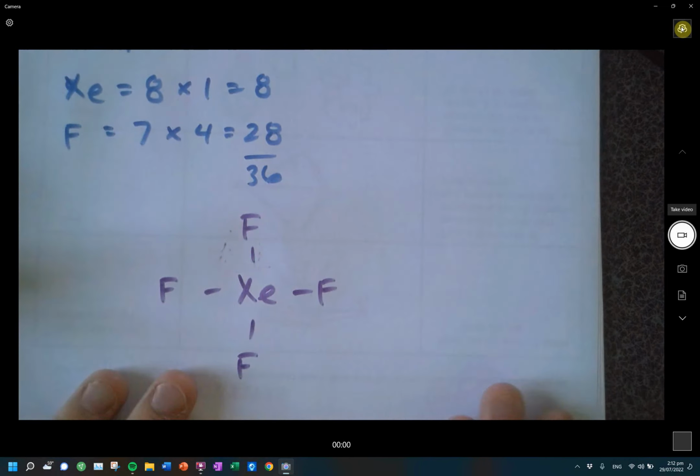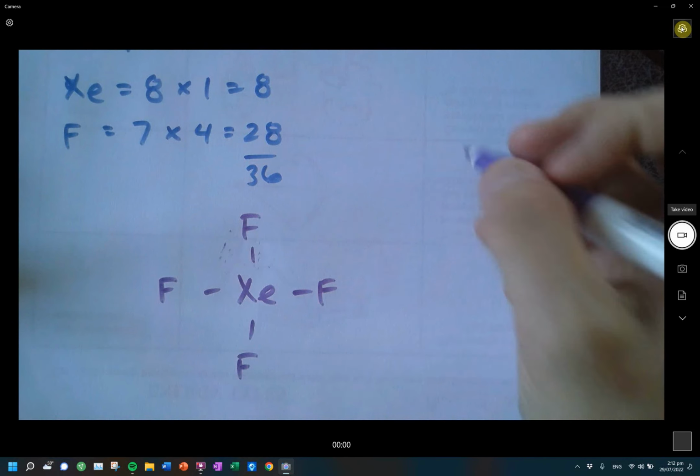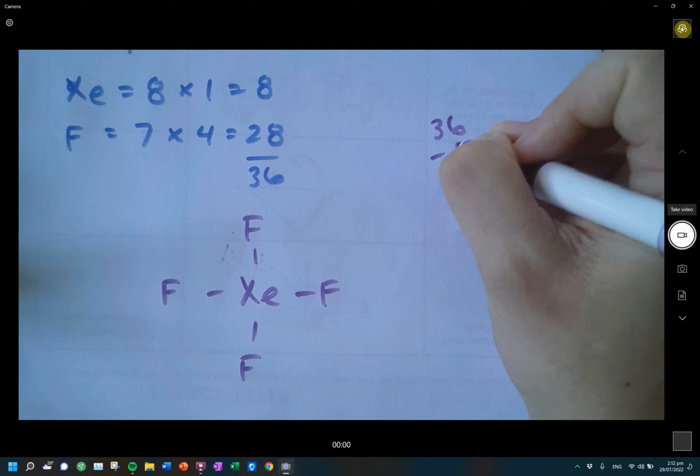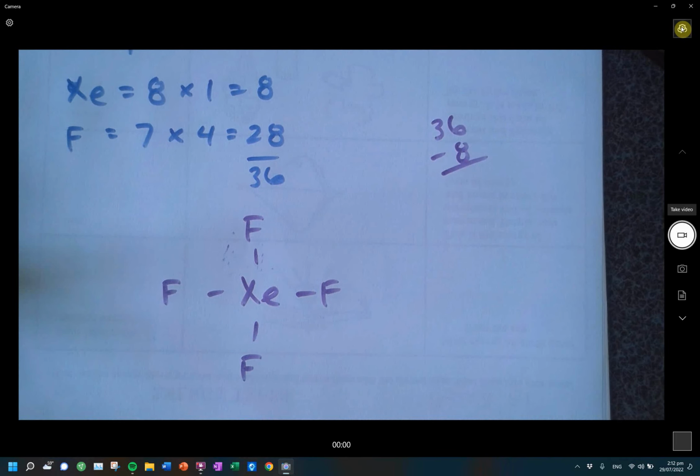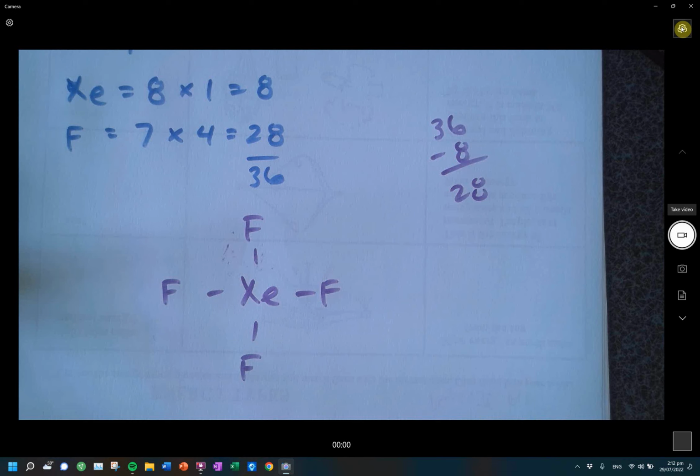Like that. I have taken care of 4 bonds times 2, 8 electrons. So 36 minus 8, I have 28 left. Do we all agree with me? Yeah. Okay. Next thing I do is drop down those remaining electrons.